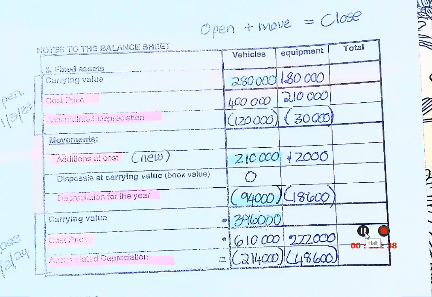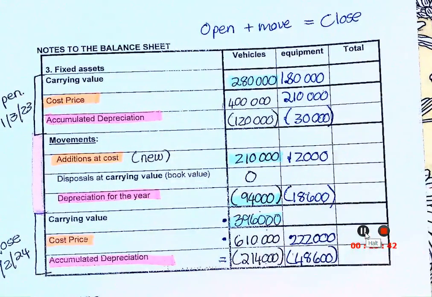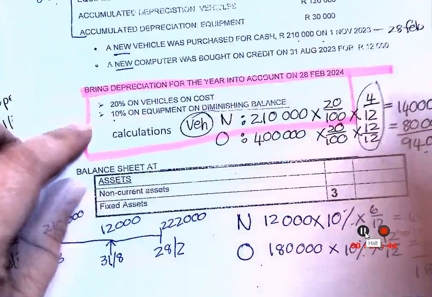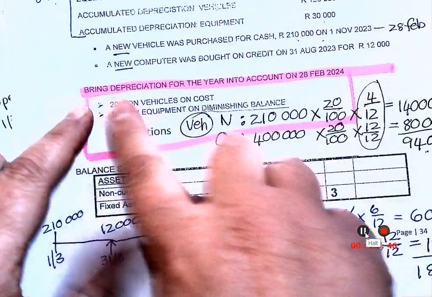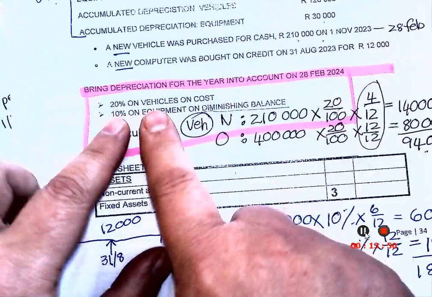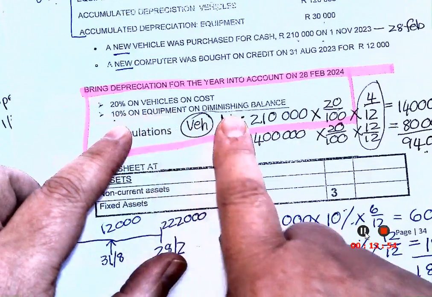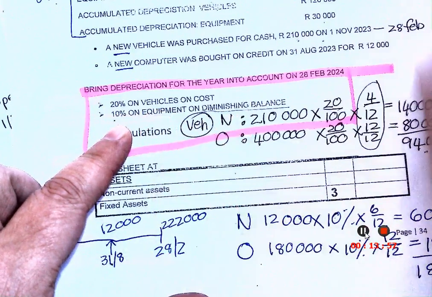Okay, so the question is, why didn't I do it the same? Can you see you did everything the same except the depreciation? And it comes in with this thing here where they say bring depreciation into account as follows. Vehicles 20% on cost, equipment 10% on diminishing balance.